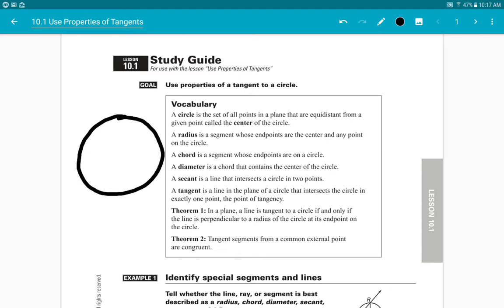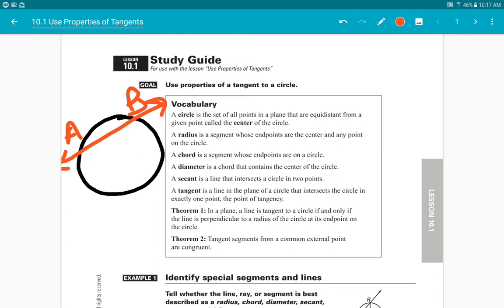A secant is a line that intersects a circle in 2 points. So your secant is going to be any line that goes through the circle. Again, the line is infinite. So the secant goes through the entire line. Let's say that this is point A and this is point B. When you're talking about the secant line, you're talking about the entire line AB.